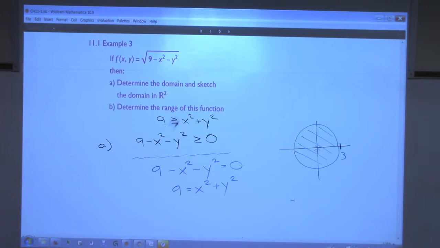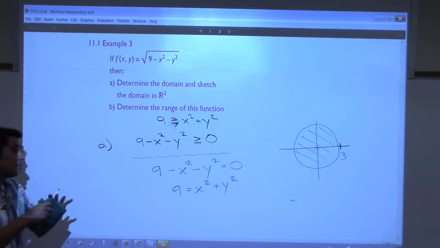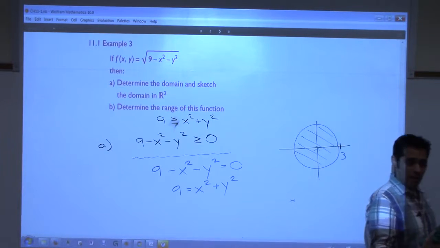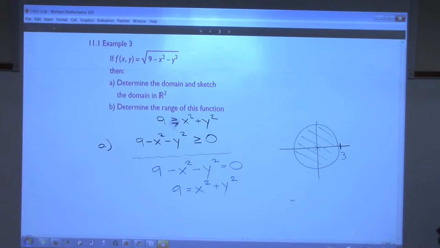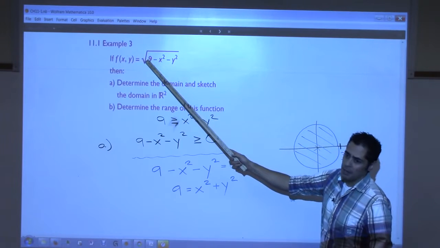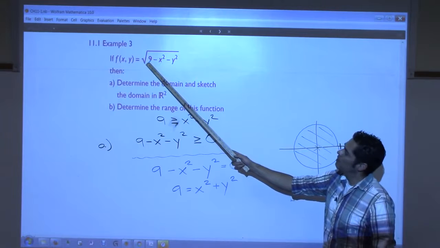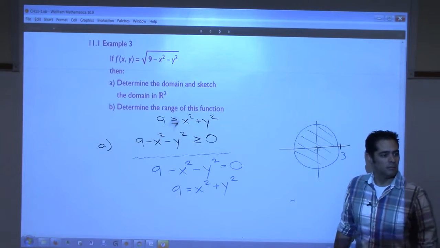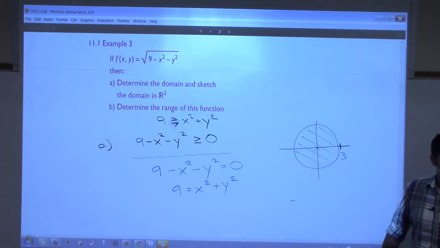So anytime you take the square root of a number, the smallest number you can ever get out would be 0. And in this case, the biggest number you could get out is 3. That's because the largest that the argument could ever be, we also call this the radicand, would be 9. Why? That's the only way we'll get it to work.